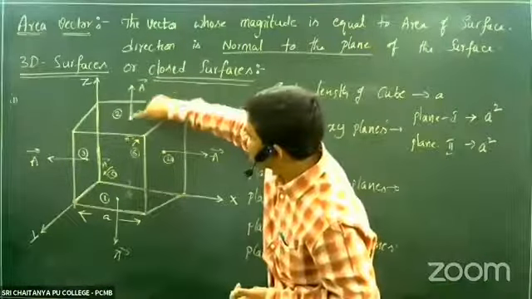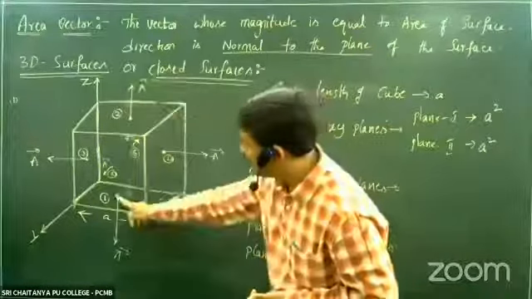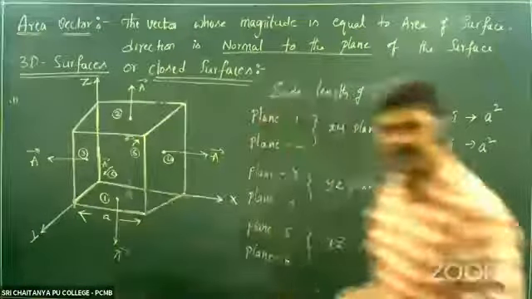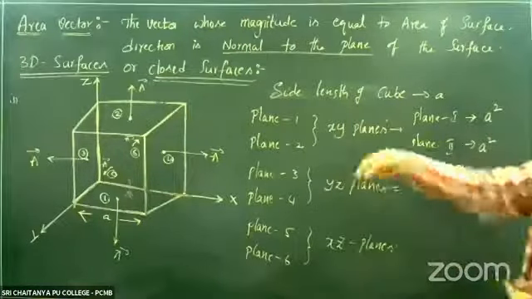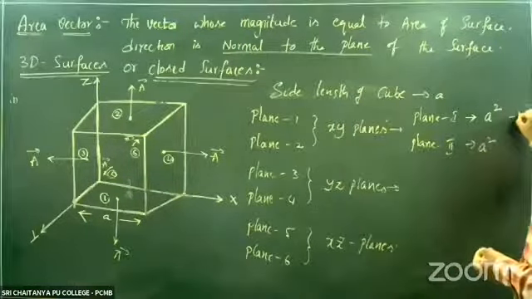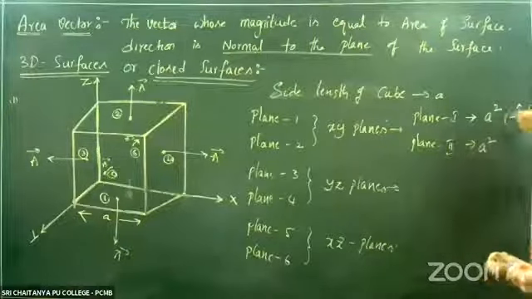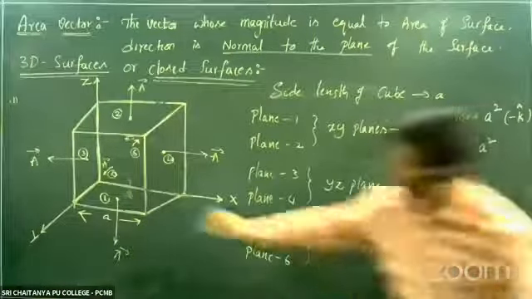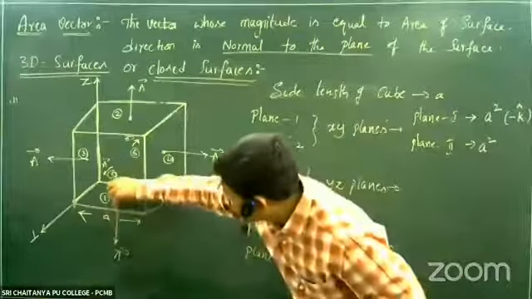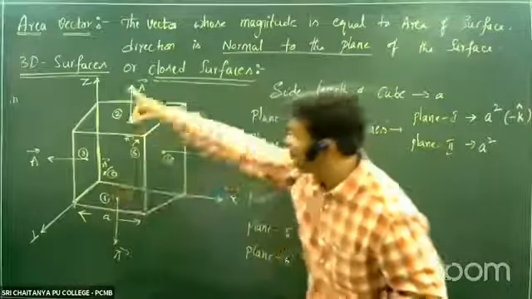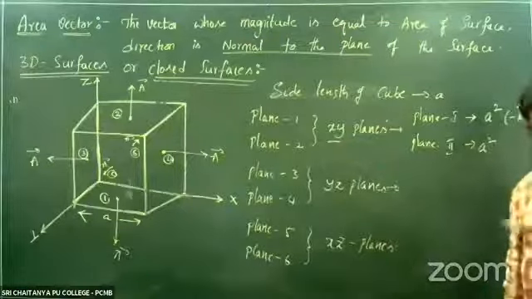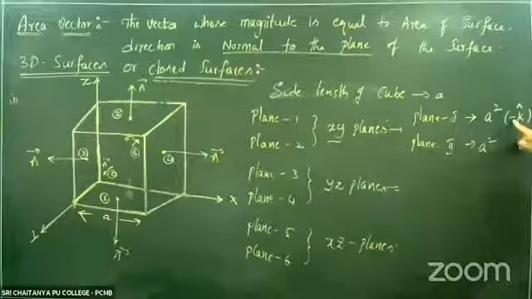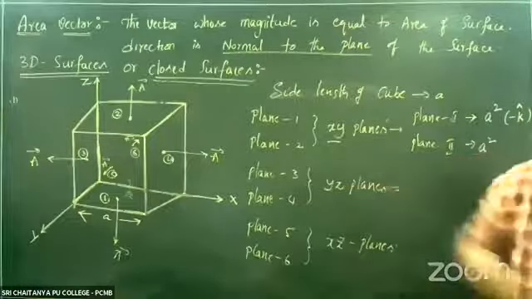This is the direction for the lower one, plane 1: minus K cap. Is it okay? Normal outward. As it is an XY plane, the other axis is the Z axis, with unit vector minus K because it is downward.